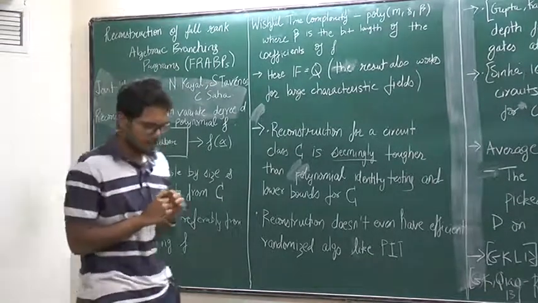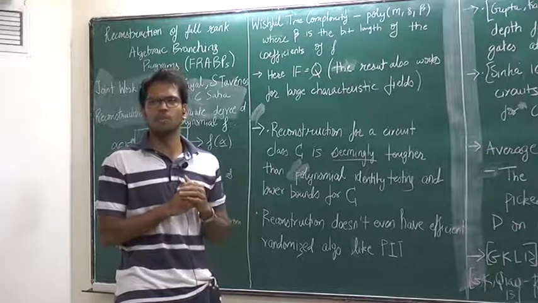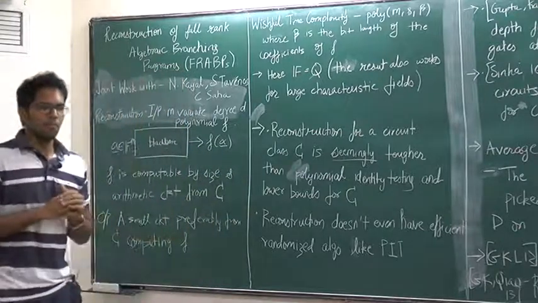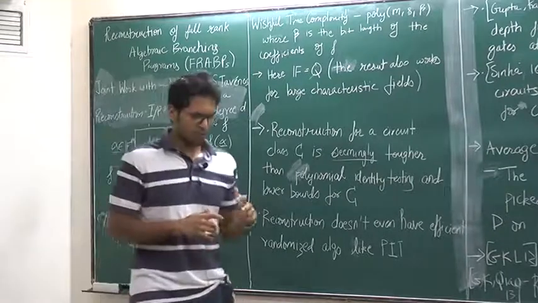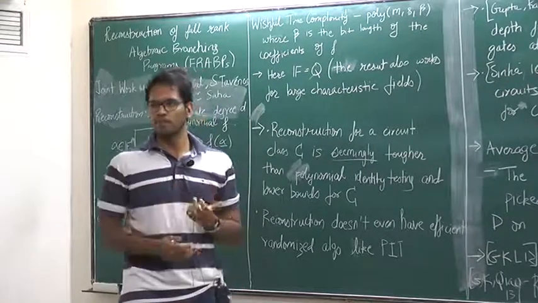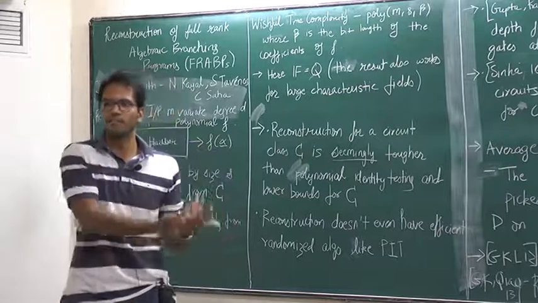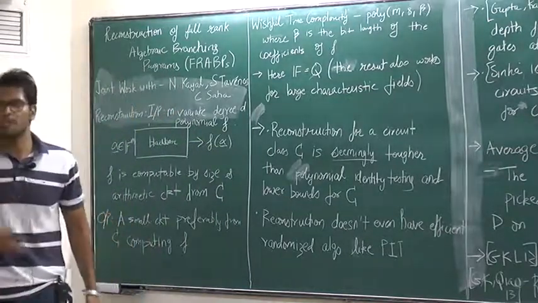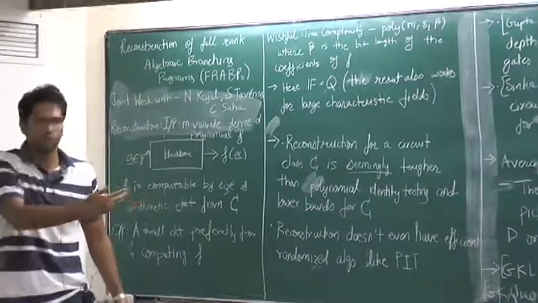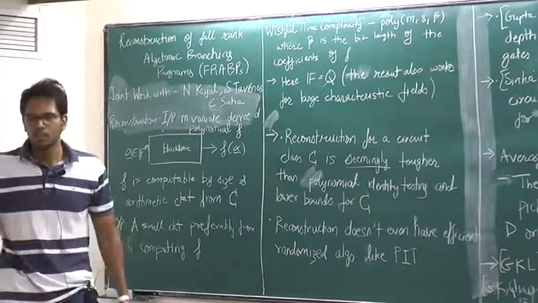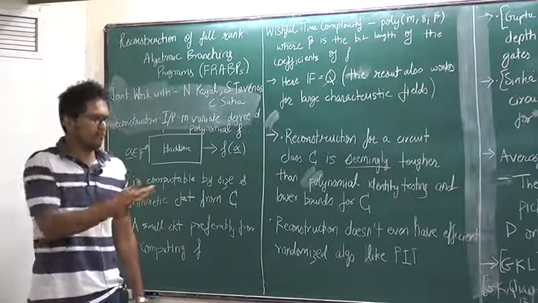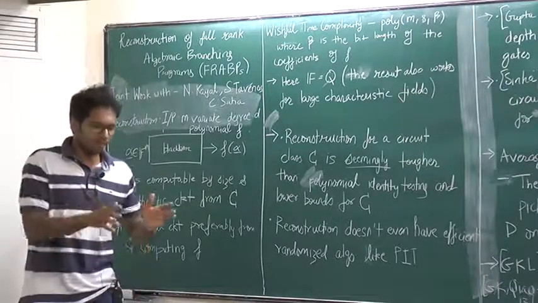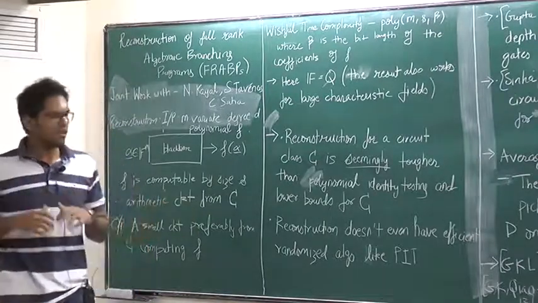Reconstruction is seemingly tougher than PIT and lower bounds, but it's also observed that techniques for PIT and lower bounds can be used to give reconstruction for specific circuit classes. For example, the measures that have been used to show lower bounds for a specific circuit class have been used to give reconstruction algorithms for some reduced version of the circuit class.